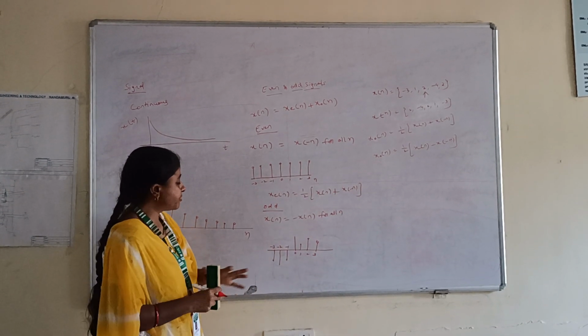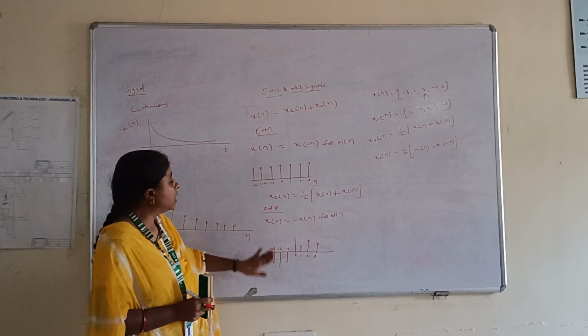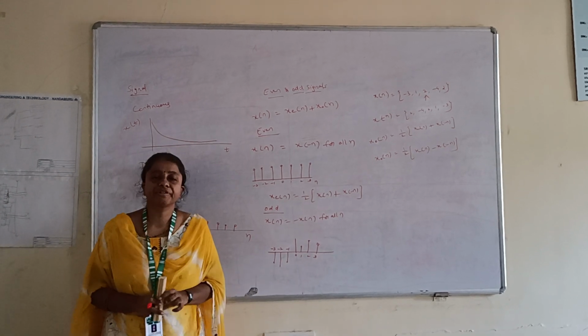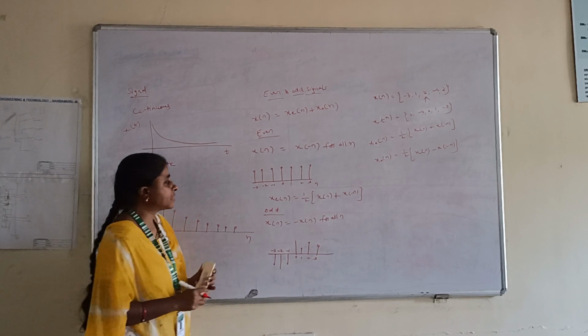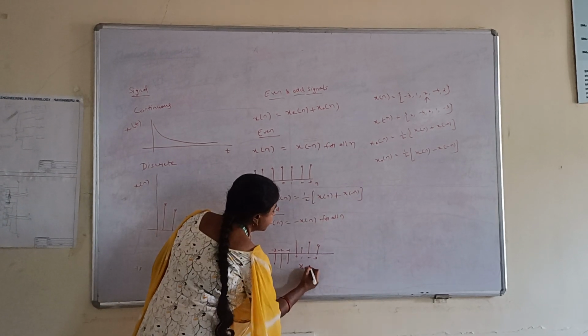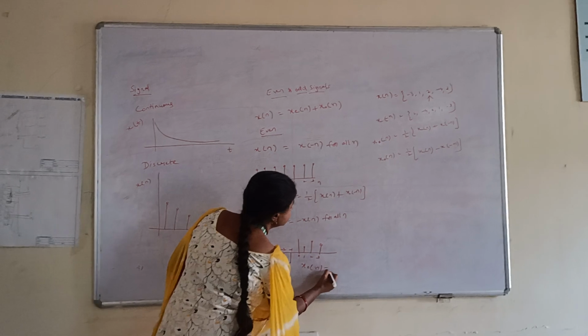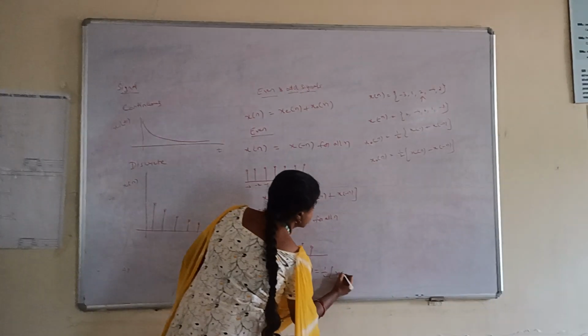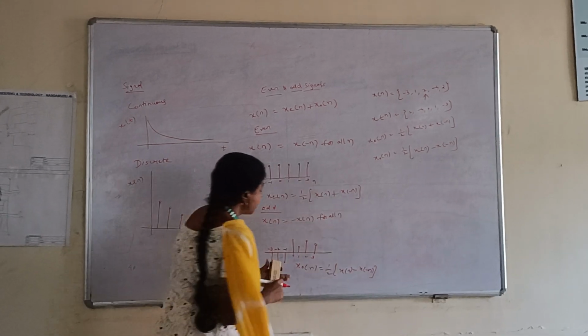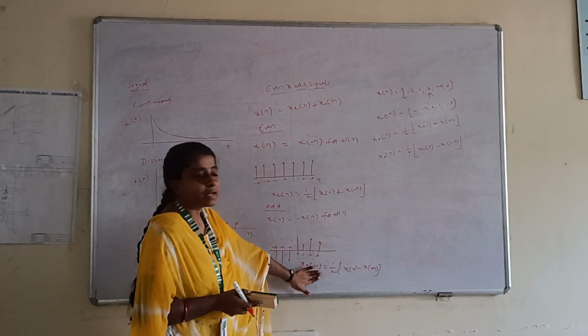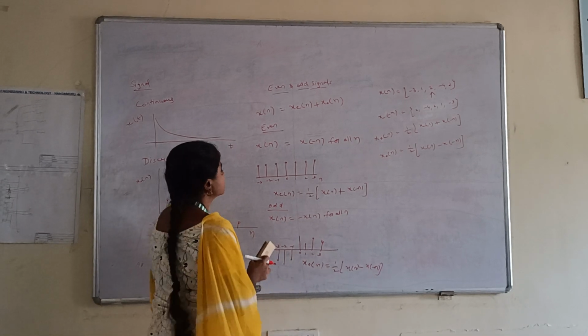This is the graphical representation of the odd signal. And the other name for an odd signal is antisymmetric. That is the representation of the even as well as the odd signal. And here we can write it in terms of this. That is the representation of the odd signal, Xo of n equal to.